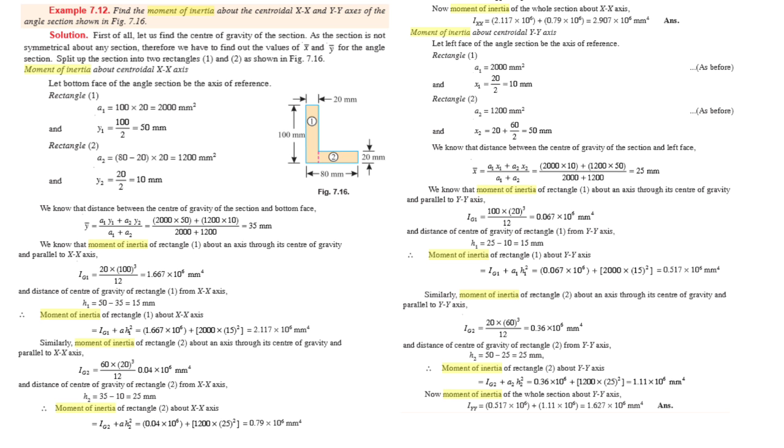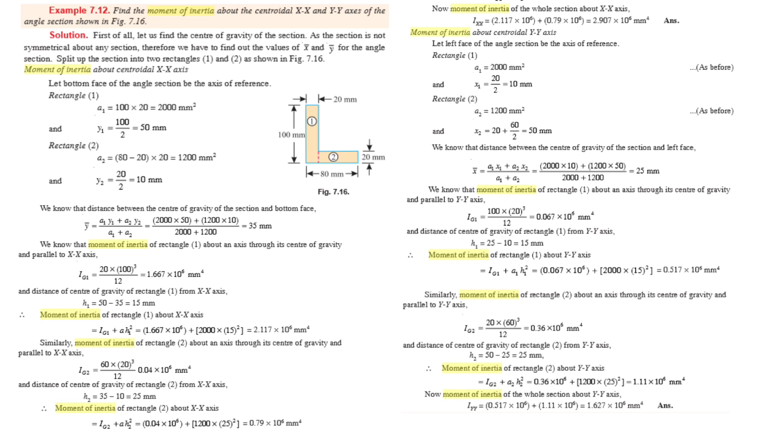Therefore, the value of Ig2 is equal to 0.04 into 10 to the power of 6 mm power 4. The distance of the center of gravity of rectangle section 2 from the x-axis, h2, is equal to y bar minus y2. So h2 is equal to 35 minus 10, which is equal to 25 mm.